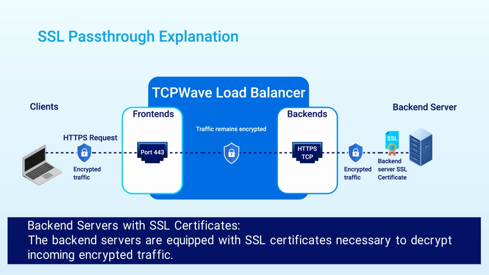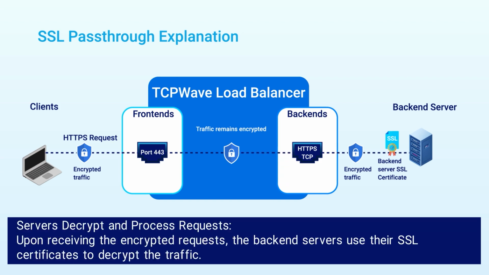The back-end servers are equipped with SSL certificates necessary to decrypt incoming encrypted traffic. Servers decrypt and process requests. Upon receiving the encrypted requests, the back-end servers use their SSL certificates to decrypt the traffic. They then process the user requests as needed.